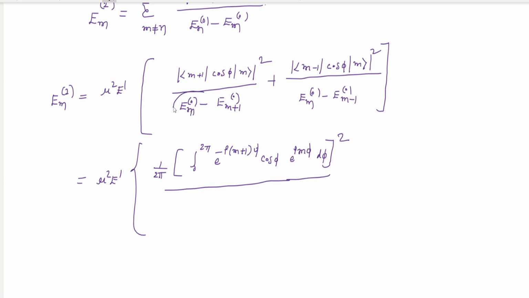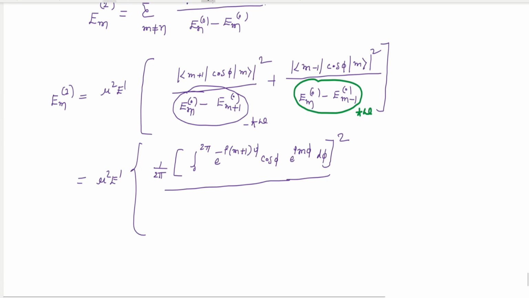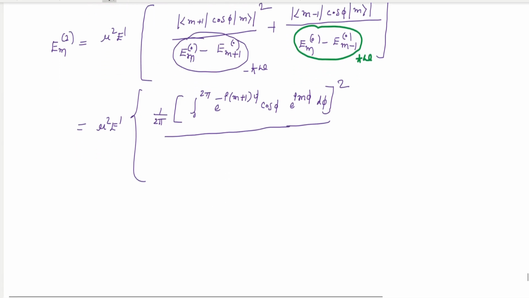This energy difference is minus h cross omega. Remember this one. The other energy difference is plus h cross omega. So here I am using minus h cross omega.